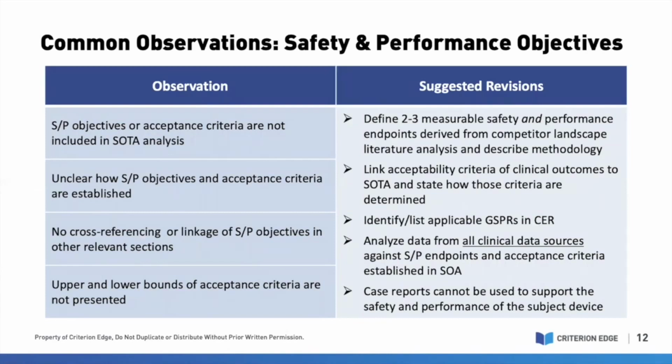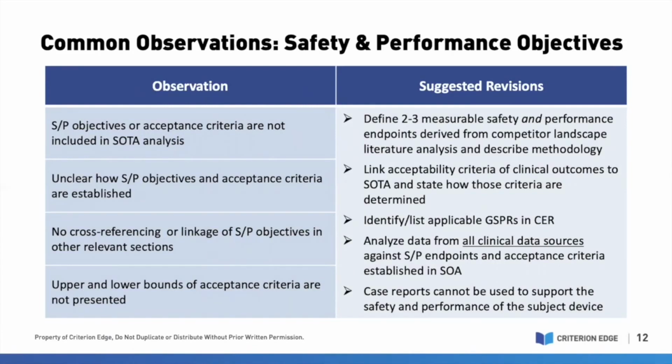Common observations that we've seen here are the safety and performance objectives or the criteria are missing altogether from the state-of-the-art analysis, or it's unclear how they were established. We've seen that there is no cross-referencing or linkage of the objectives to other relevant sections. And finally, there may be endpoint objectives established, but there is no analysis of the clinical data to demonstrate that those endpoints were met.